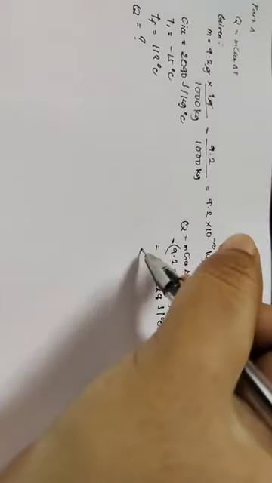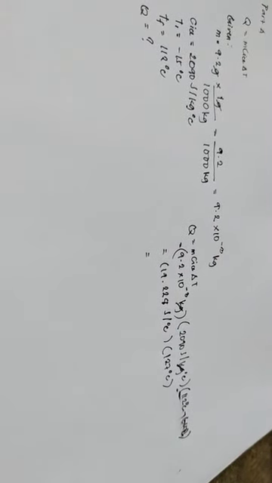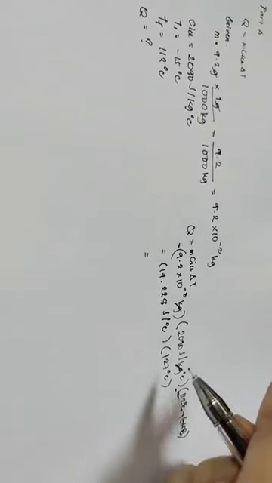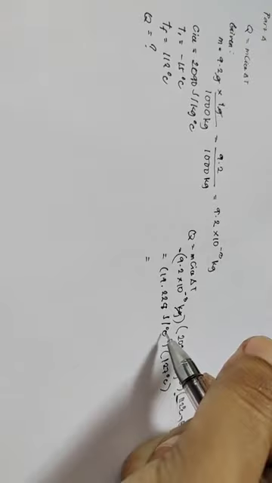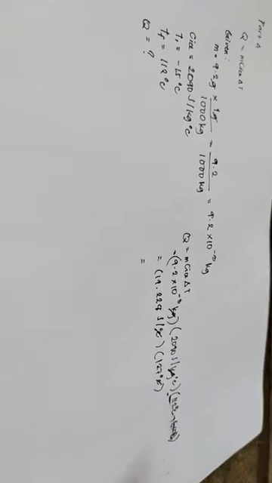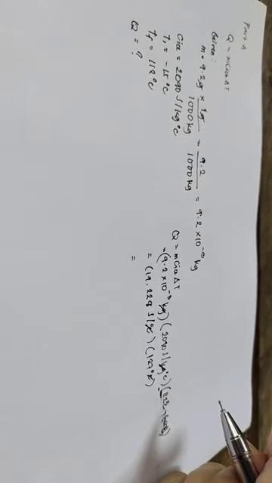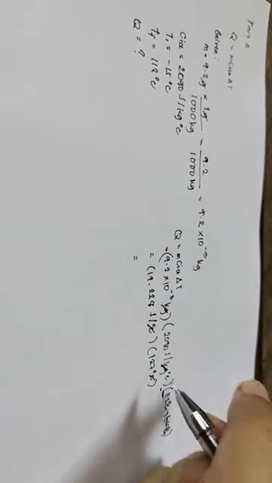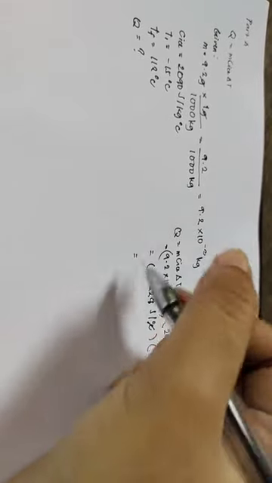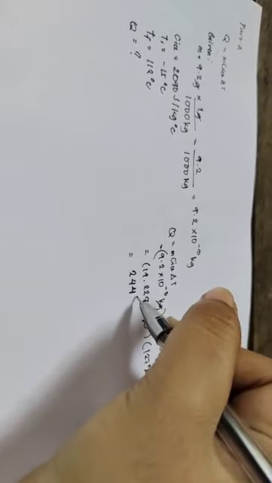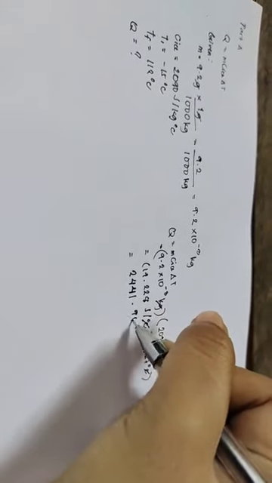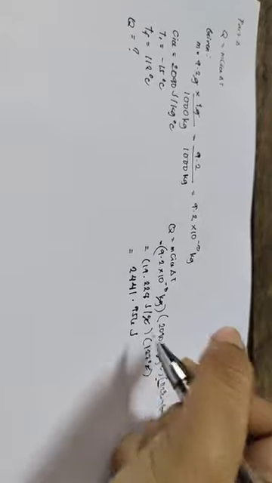So let's multiply them: 19.228 joules per degree Celsius times 127 degrees Celsius. Let's cancel out the same unit. 19.228 times 127 is equal to 2,441.956 joules.